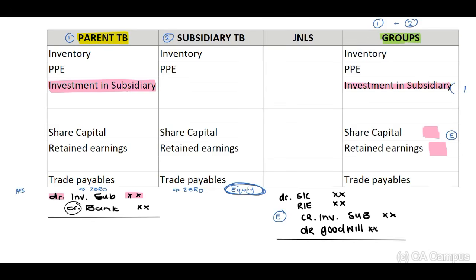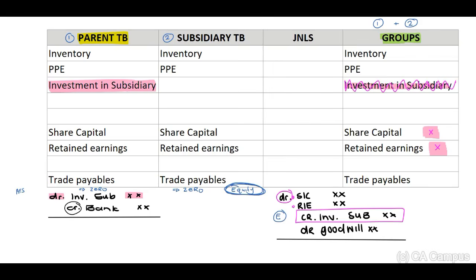But now, due to the fact that we have to include our elimination journal, we will debit our share capital of our subsidiary. Debit our retained earnings. Therefore, we will take this out. And we credit our investment in goodwill. Therefore, we will take out the investment in subsidiary, not investment in goodwill. We will take out the investment in our subsidiary.